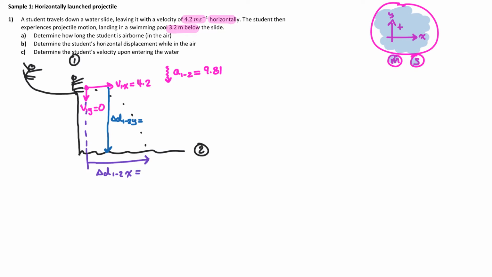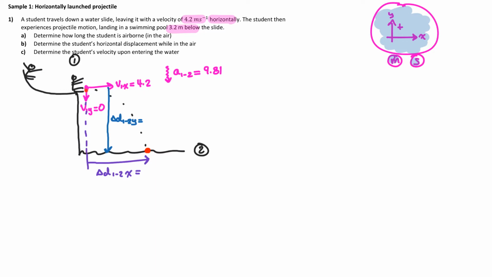Let's make sure you understand this well. So I'm assuming that this is the reference point and this is where the student is falling from. The student will travel this much in the horizontal direction to land here. And I'm going to put a really big dot here. That's stage 2 there. And the student will, so x direction, and from the y direction is from here all the way to here.